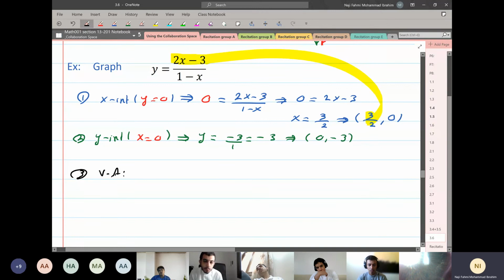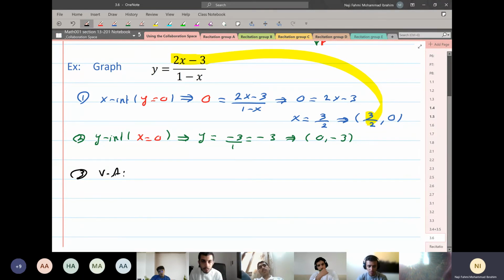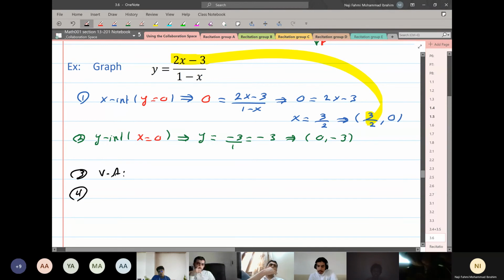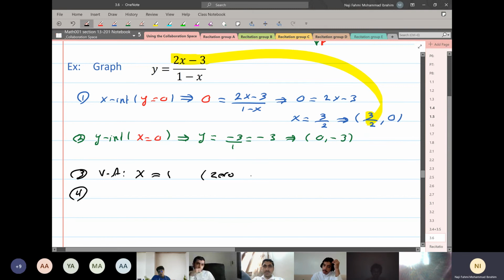What's my vertical asymptote here? Ahmed Al-Harbi, give us the vertical asymptote. Yes, it's 2. No, it's not 2. The vertical asymptote is 1, which is the zero of the denominator.